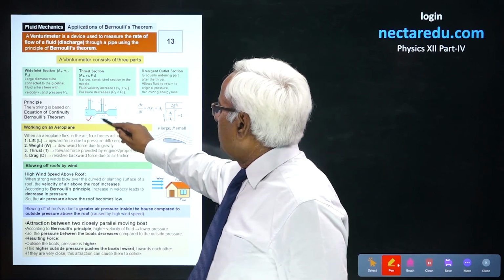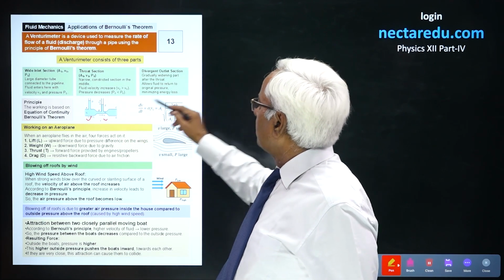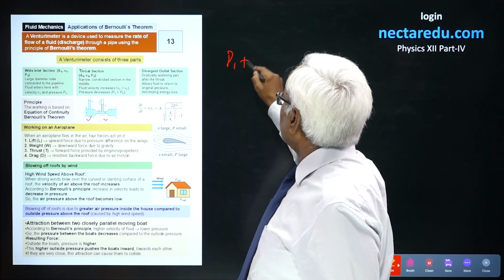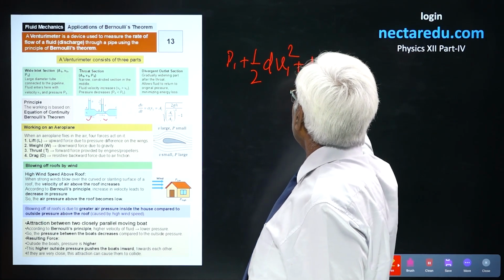By using Bernoulli's theorem at the two points, the wider and the narrower, you could use this form of Bernoulli's theorem.